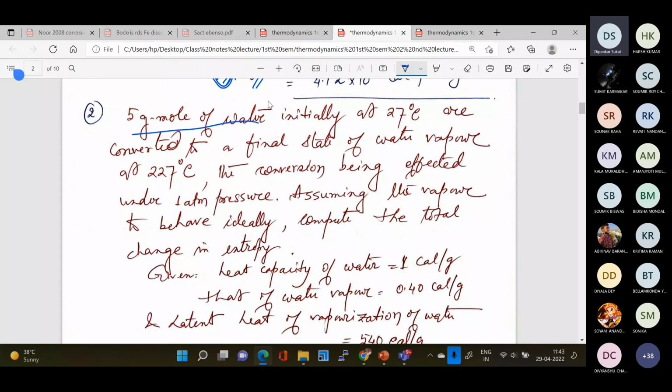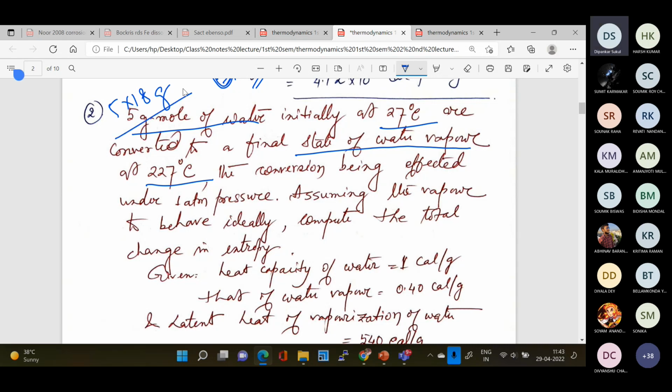5 gram mole of water, initially at 27 degrees centigrade, are converted to a final state of water vapor at 227 degrees centigrade. 5 gram mole, that means how much amount of water? 5 into 18 gram.